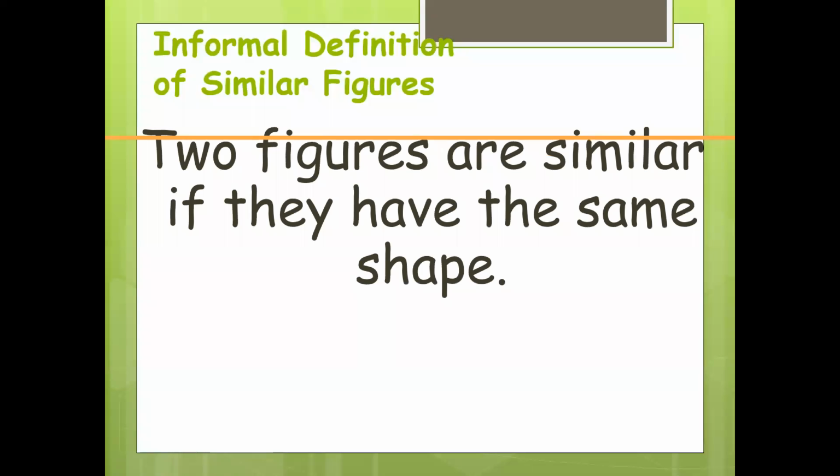So we have the informal definition of similar figures or similar polygons as same. So when you say something is similar, they look the same, right? For example, two figures are similar if they have the same shape.